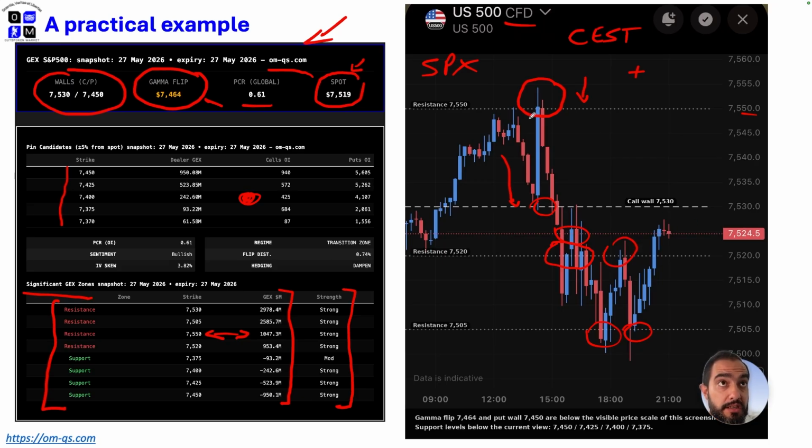Each touch in the levels, with special considerations for the walls and for the gamma flip that are the strongest ones, allow you to trade the gamma exposure environment, thinking about trading the spot. Trading the options will be a different matter. We are speaking about trading the spot. Positive GEX, they tend to be precisely resistance and support numbers in the way the market flows.